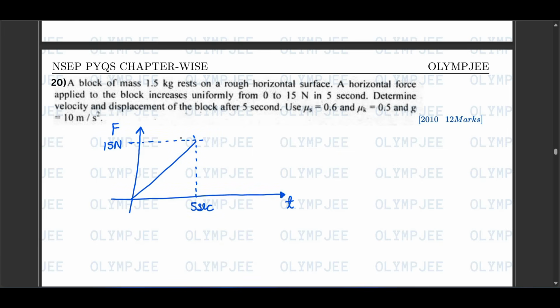So we can write the equation of this force in terms of time using the two-point form of a straight line: y minus 0 is equal to 15 by 5 multiplied by time minus 0, which is t. So F is equal to 3t. This is how the force is changing with time.